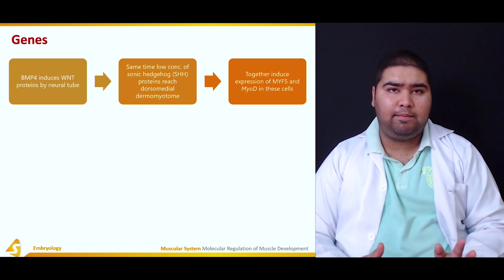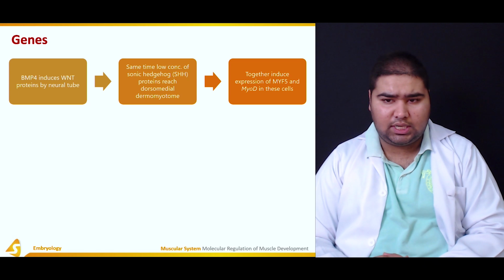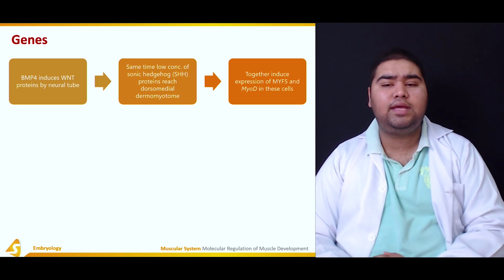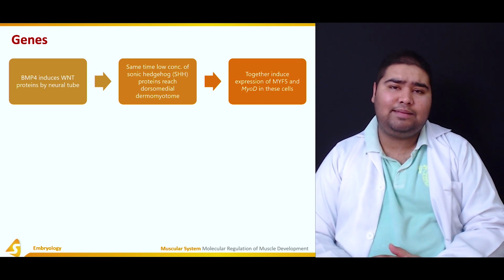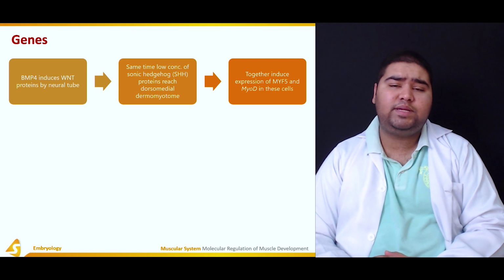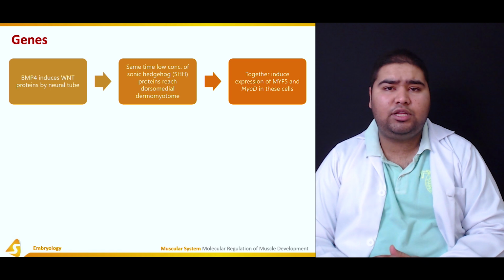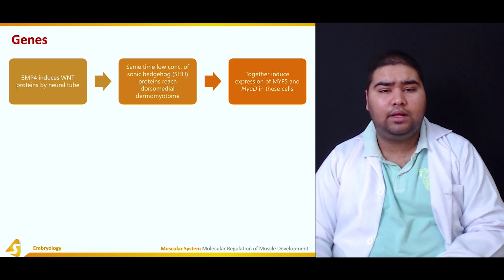Together, this BMP and the low concentration of sonic hedgehog genes induce the expression of MYF5 and MYOD in these cells. So these are the names of the genes which have to be taken as such. They're not acronyms or do not stand for anything. These are simply the names of the genes.